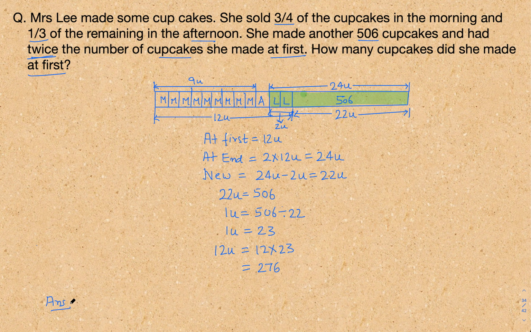The question is, how many cupcakes did she make at first? So we can say she made 276 cupcakes at first.